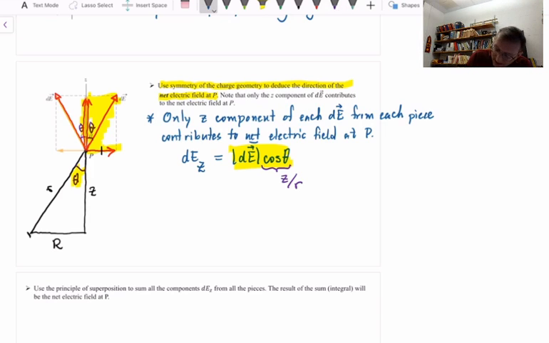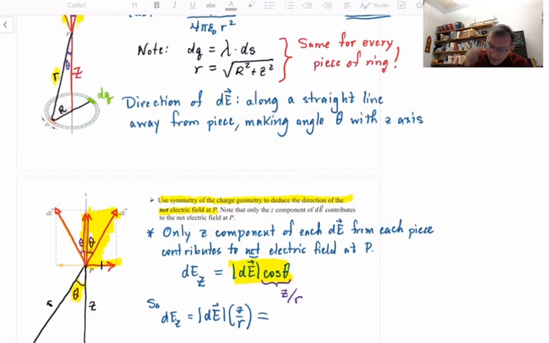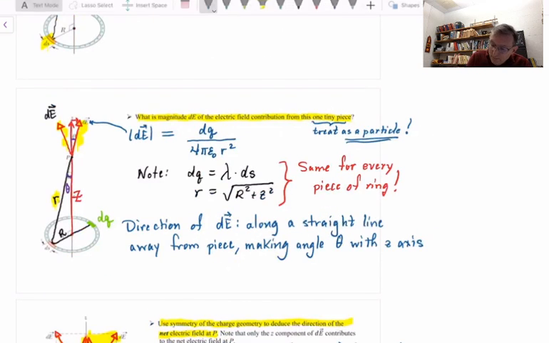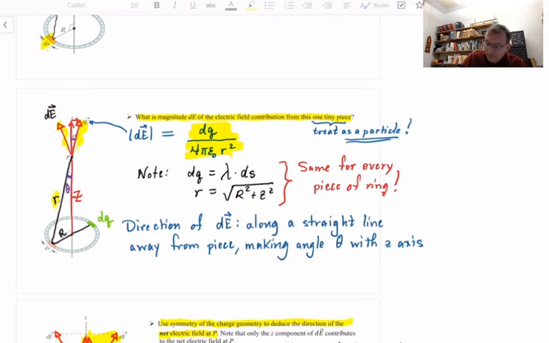So let's put all these pieces together and get a symbolic expression for the dEz of any one piece. It is the magnitude of the dE from any one piece times cosine theta, which is Z over r. And now let's substitute the expression for the magnitude of dE. Where's that coming from? Right here. dE is dq over 4 pi epsilon 0 r squared. Let's put that in.